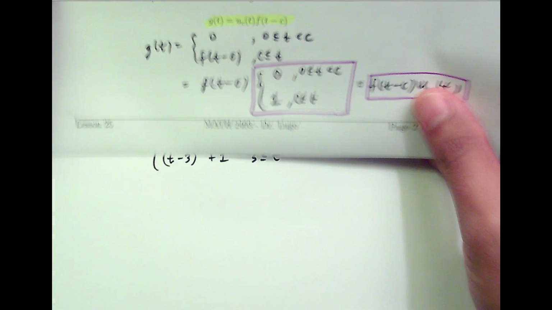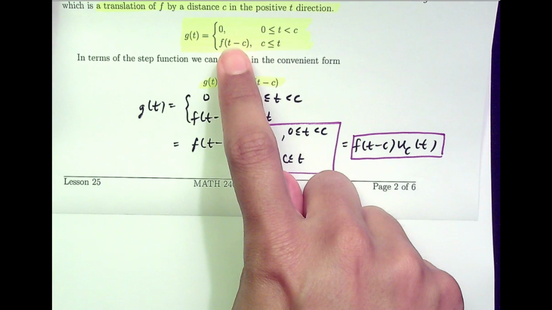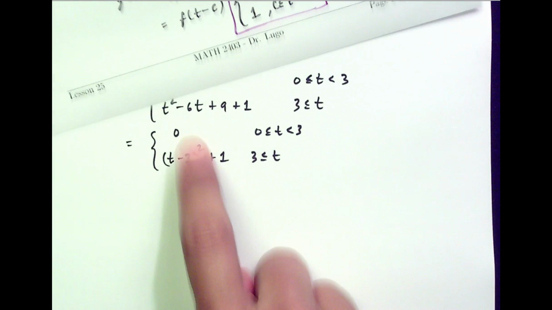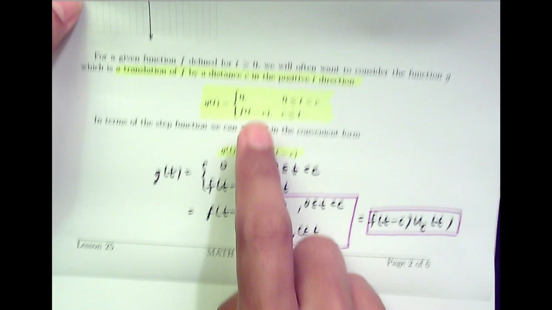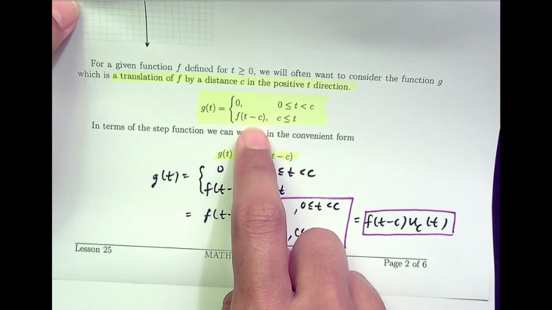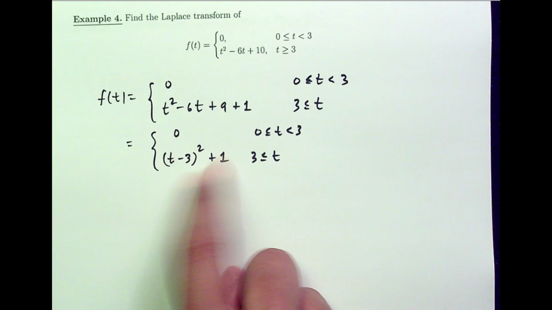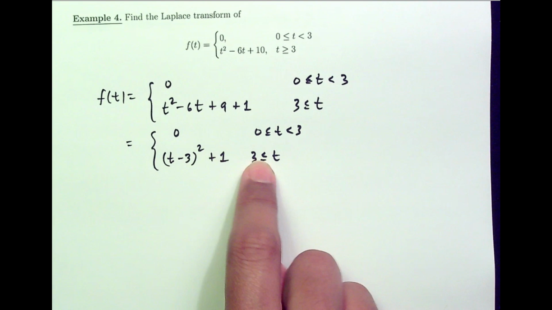If we use the formula this time, which sometimes is convenient, you have 0, and then a translation of something by a number. So this is something translated by C, where C is the same as that number, C is 3.